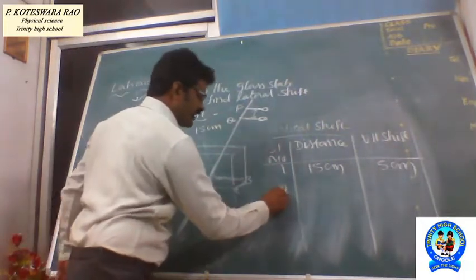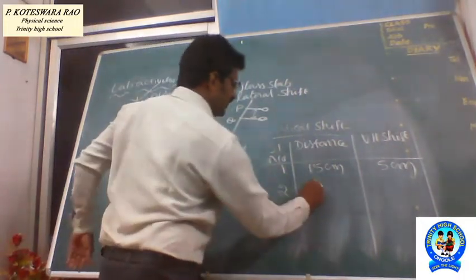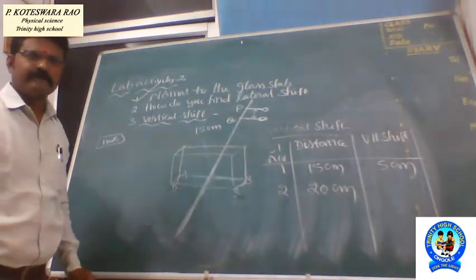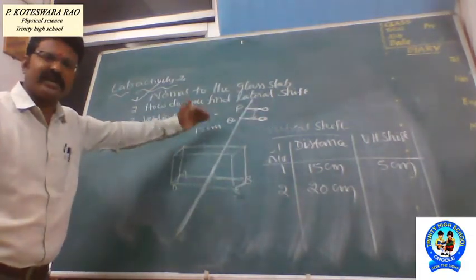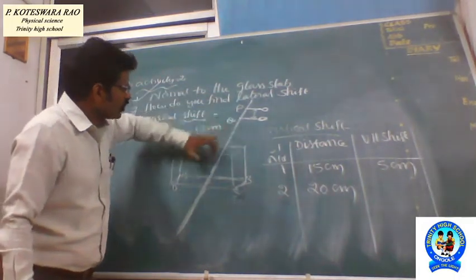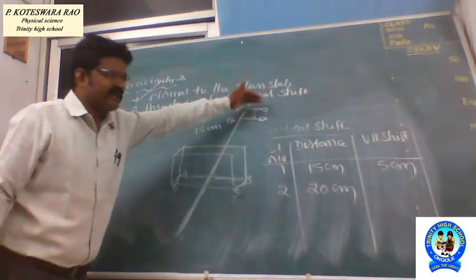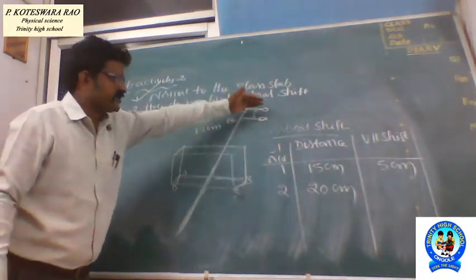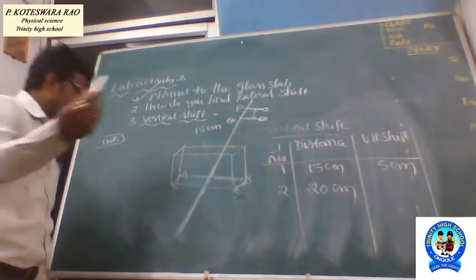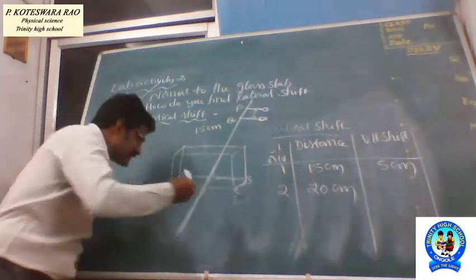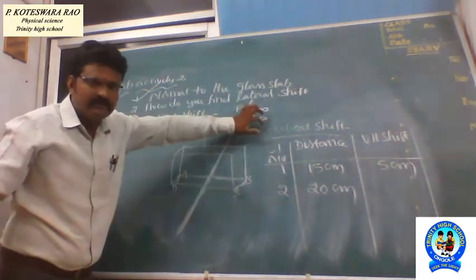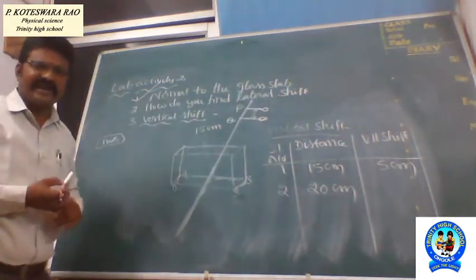Next we want to take nearly 20 centimeters from this glass slab. Before, how much distance did we take? 15 centimeters. Next time we take 20 centimeters and place the P nail at 20 centimeters, and we take another nail and, seeing through this glass slab, we place that second nail parallel to the first nail.